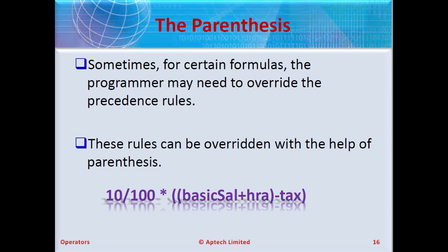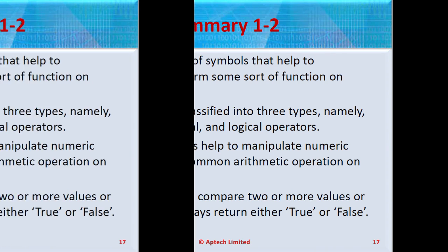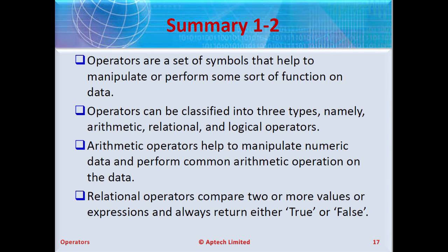Let's look at what we have learned today. Operators are a set of symbols that help to manipulate or perform some sort of function on data. Operators can be classified into three types, namely arithmetic, relational, and logical operators. Arithmetic operators help to manipulate numeric data and perform common arithmetic operations on the data.